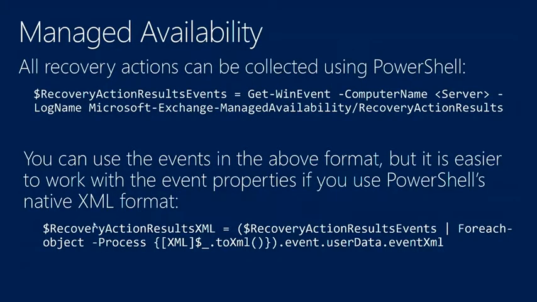We're defining a second alias, recovery action results XML, and then we're taking the results from the first commandlet and piping them out to an XML area where we can then process that data further. Okay, so now we've got the data inside that XML format, and we want to start processing it.